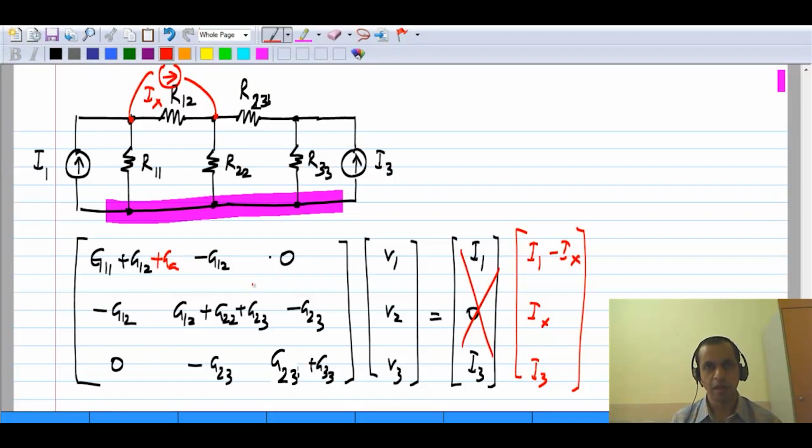With this, hopefully the structure of the G matrix and the source vector is clear. The solution of course involves matrix inversion. You can solve for it, but the idea of this nodal analysis is to have a systematic way of setting up equations for arbitrarily large circuits. So it is very important to understand the structure.